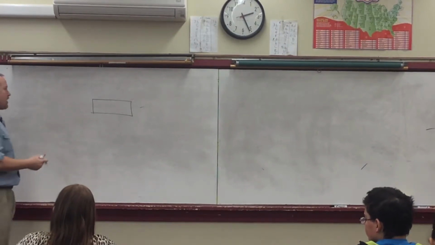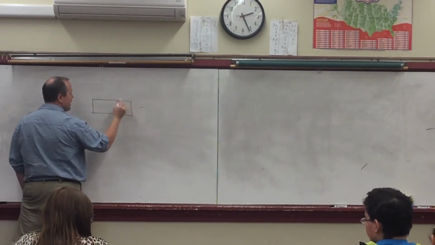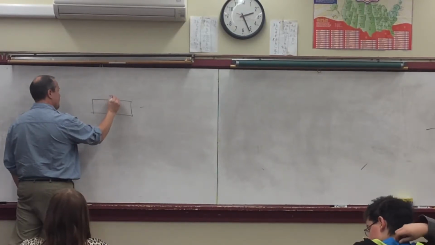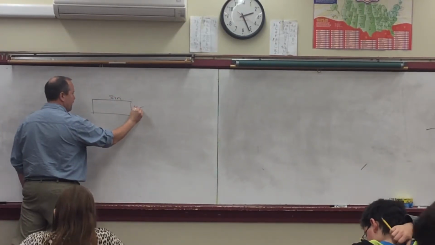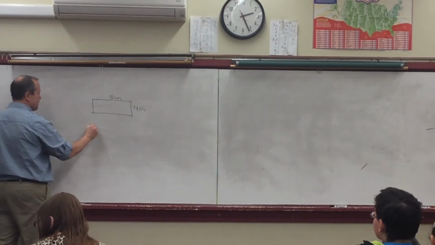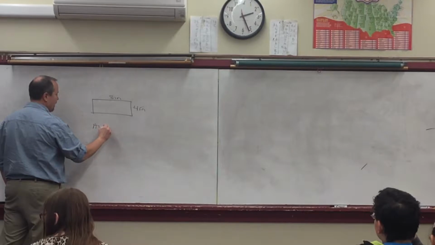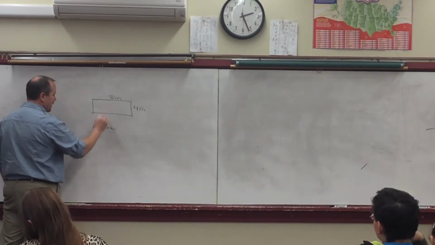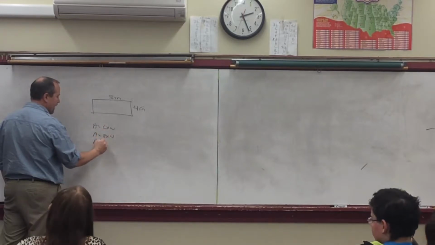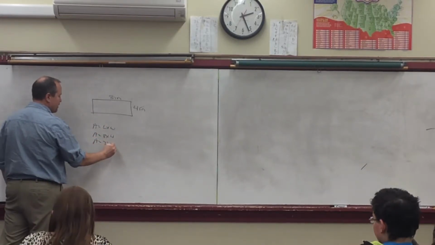We said that for this rectangle, if it is 8 inches by 4 inches, to find the area of the rectangle, A equals length times width. The length is 8, the width is 4, and so for this rectangle, it'd be 32 inches squared.